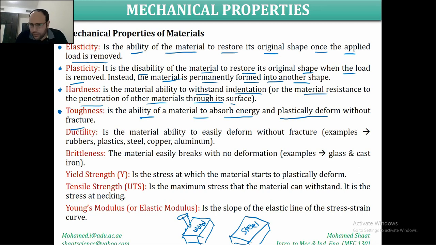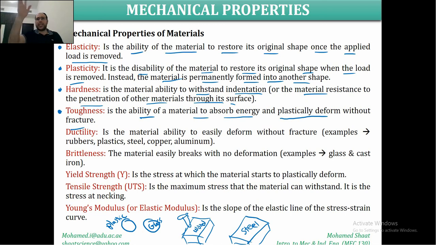For example, to understand toughness, let us assume that you are handling two balls, like small game balls. One is made of plastic and the other is made of glass. For some reason, you are going to throw them against a very rough and solid wall.